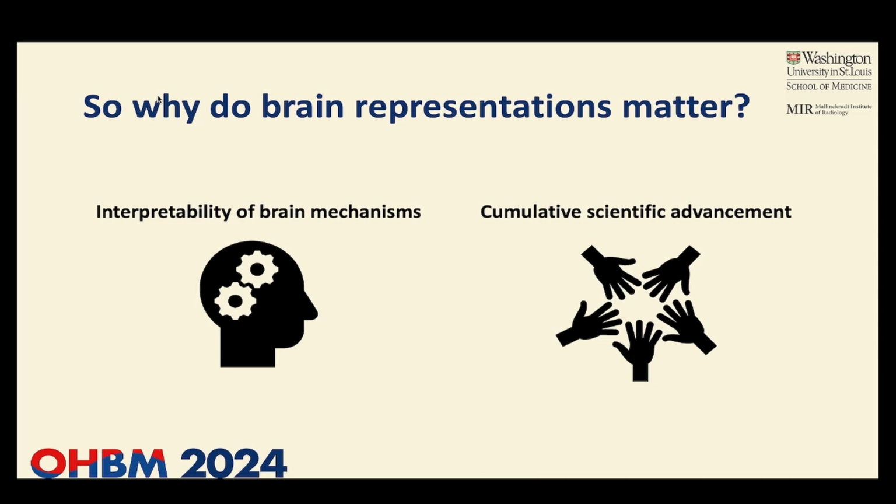And in order to get that kind of cumulative scientific advancement between all of us here, we have to be able to understand how a particular brain representation choice will impact the results, and how those results might show up if a different choice had been made. So I think that's also an important aspect for making sure that we can understand underlying mechanisms regardless of these choices.